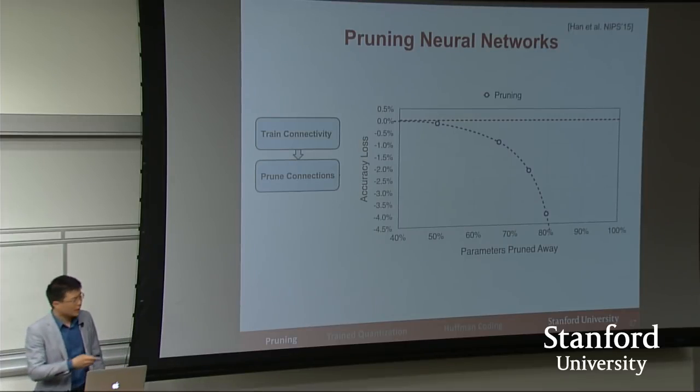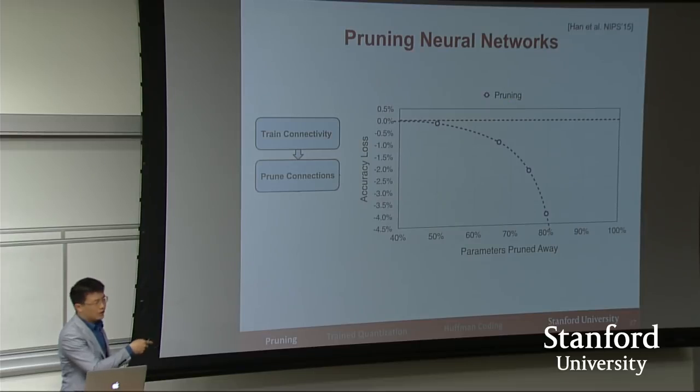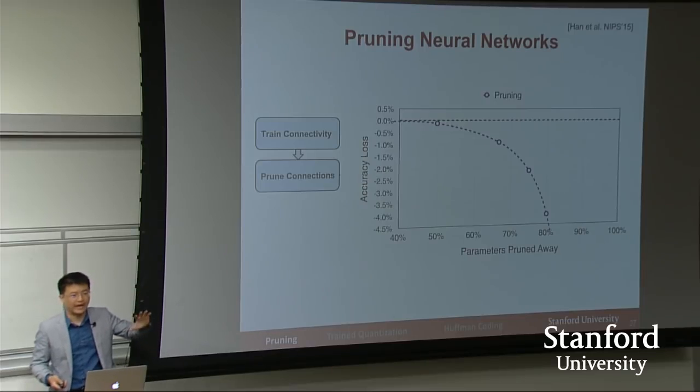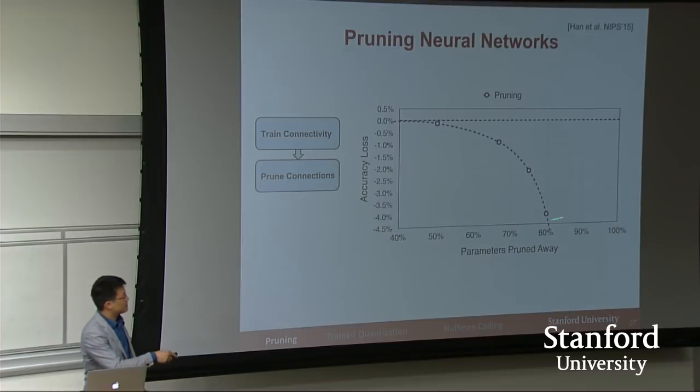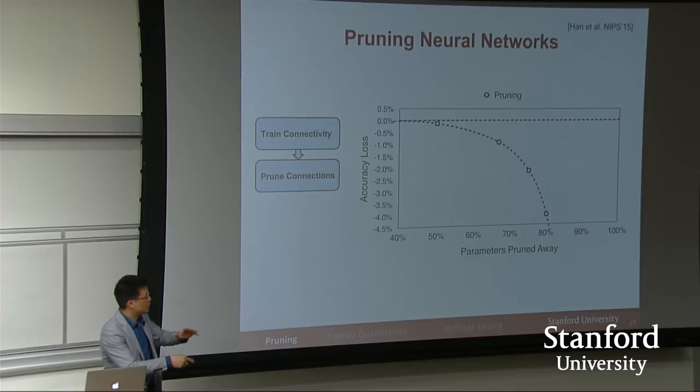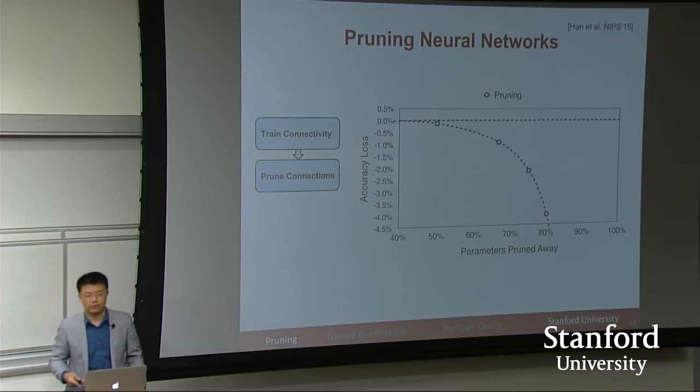So this is the accuracy. The x-axis is how many parameters you prune away, and the y-axis is the accuracy you have. We want to have fewer parameters, but we also want to have the same accuracy as before. We don't want to sacrifice the accuracy. For example, at 80%, we zero away 80% of the parameters, but the accuracy dropped by 4%.